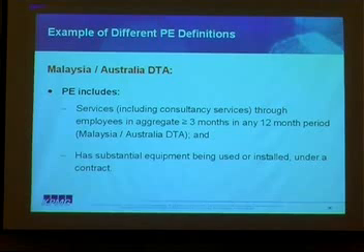And what happened in the very late 1990s, there was a long round of talks between the Australian government and the Malaysian government, and eventually it was agreed that Malaysia will not levy Section 109B withholding tax on payments to Australians.